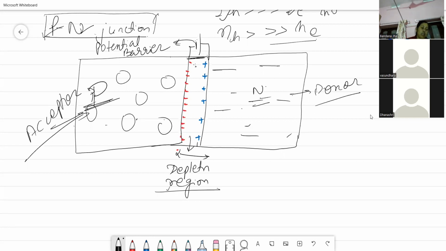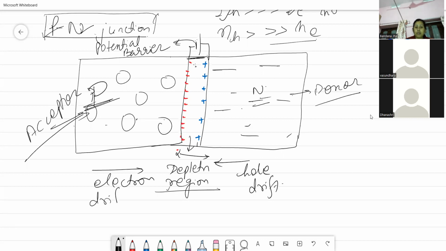So here the hole wants to drift. This is your hole current. Holes drift from here. Electrons want to drift from here. This electron wants to come here, but because of the positive charge, it is coming here. These holes want to go there, but because of the negative charge, they are there in the end.